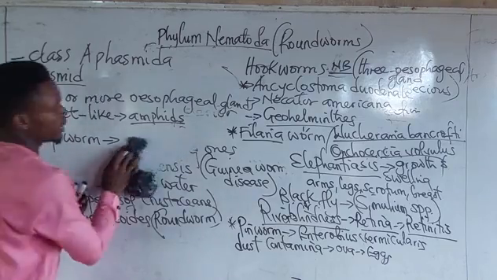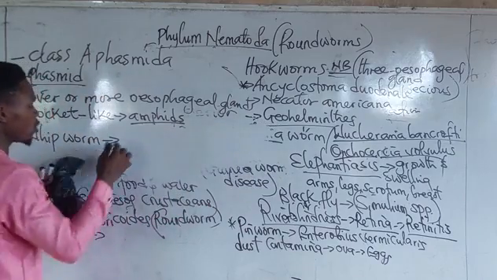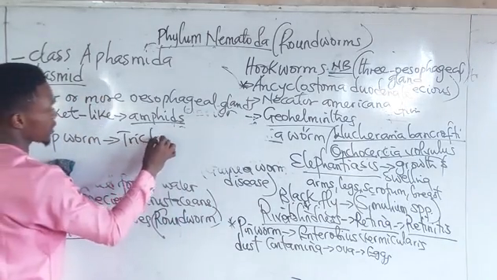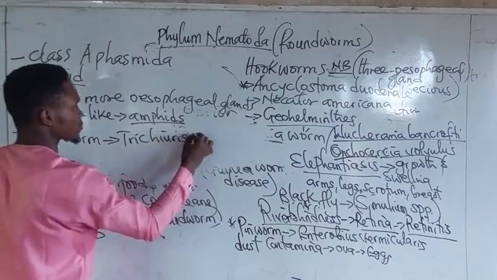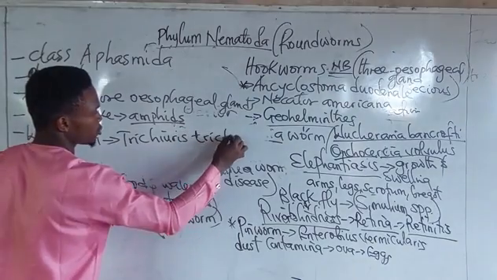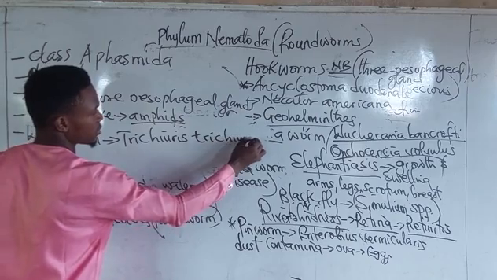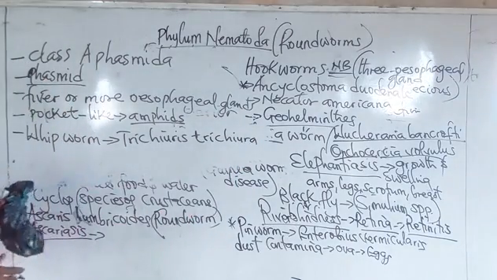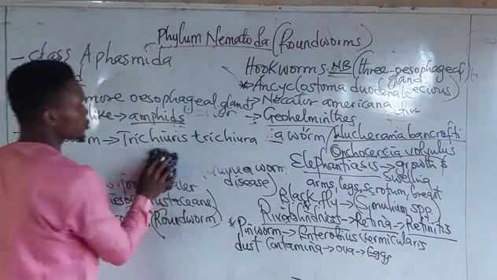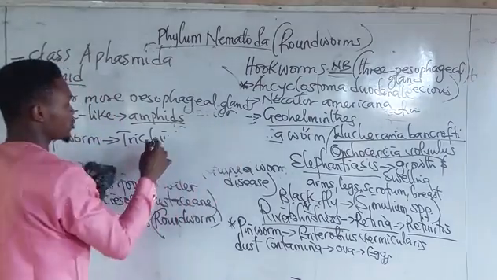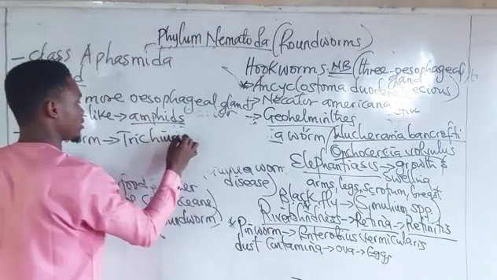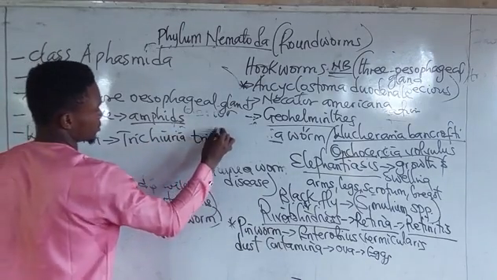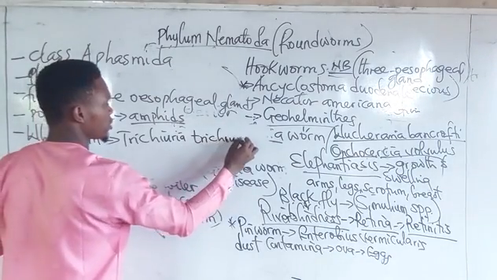What is the zoological name of whipworm? It is called Trichuris trichiura.